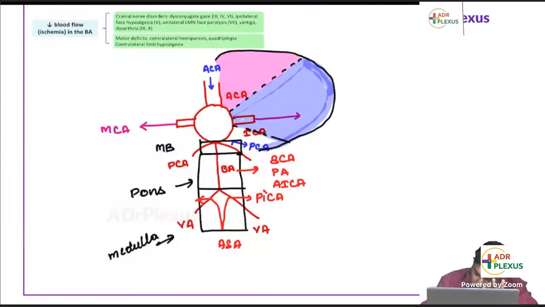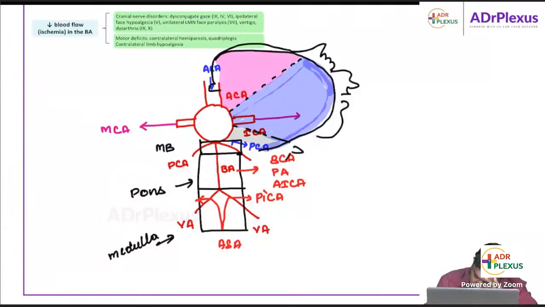And this is going to be your PCA territory. Okay, so now what I'm going to do is superimpose the person. Right? So now you are able to understand here.